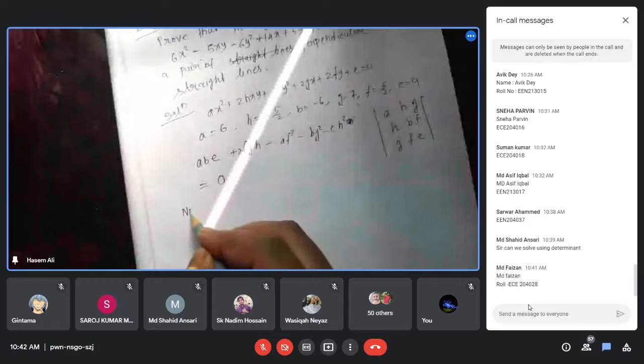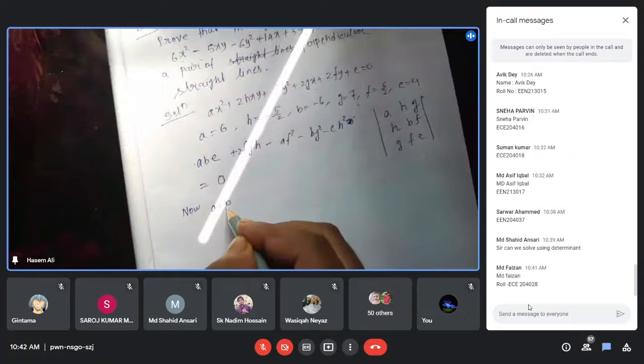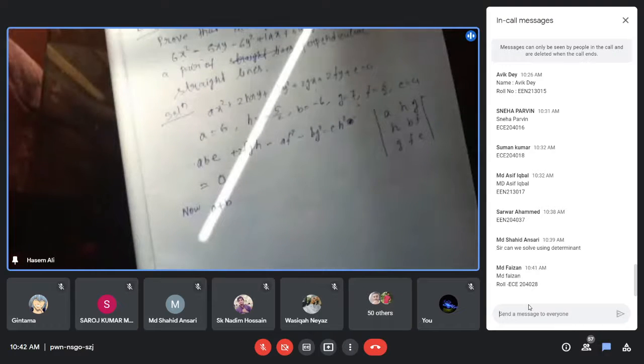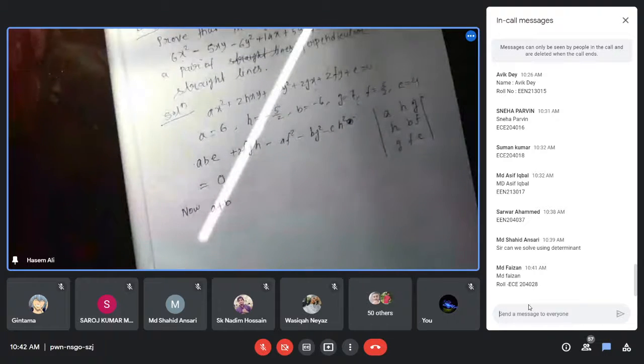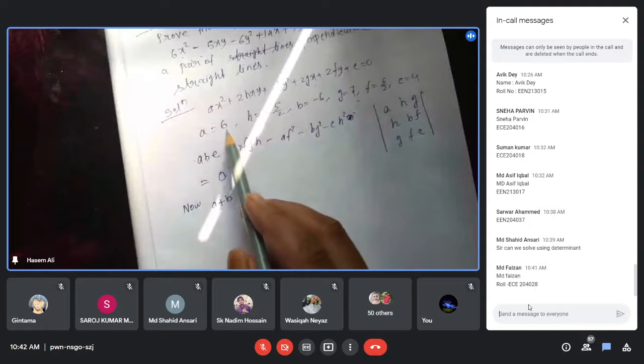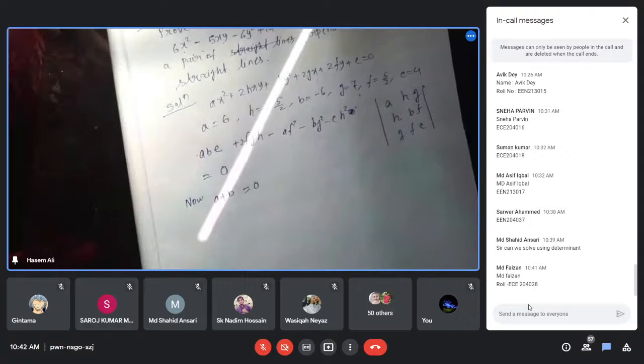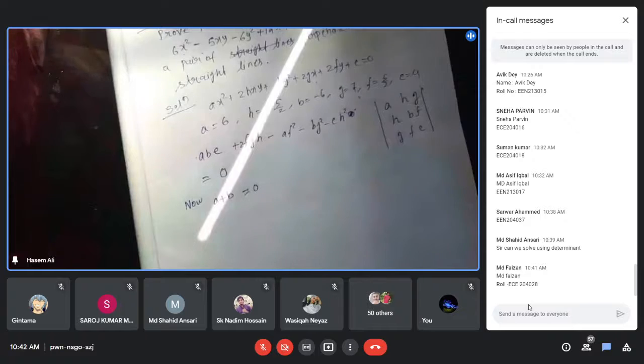Now a plus b. What is a plus b? Here a is 6 and b is minus 6, so obviously a plus b equals 0. So the equation represents a pair of perpendicular straight lines.